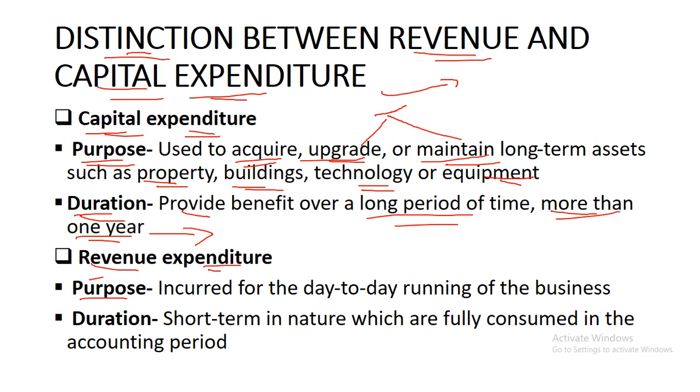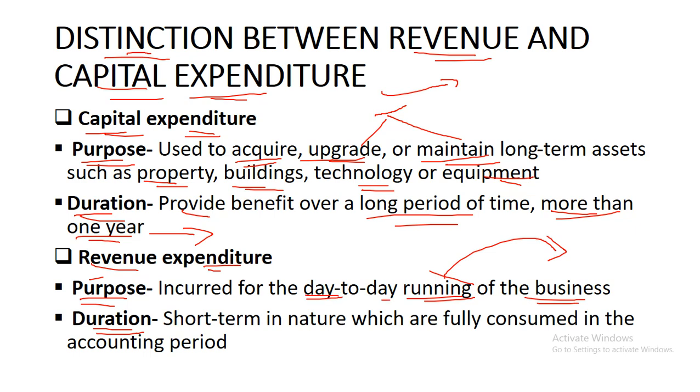Then revenue expenditure, right? What's the purpose of a revenue expenditure? It's incurred for the day-to-day running of the business. So all those expenses that you incur when running the business on a daily basis, all right? Those are what we call revenue expenditures. For example, salaries, paying rent as I already outlined, maybe paying for insurance, and all these other items that are used to run the business on a day-to-day basis.